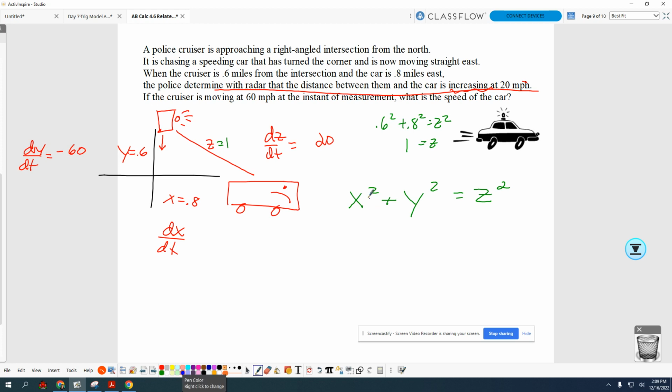Regardless of what we were told, what is the derivative of this equation with respect to time? 2x times dx over dt, plus 2y times dy over dt, equals 2z times dz over dt.